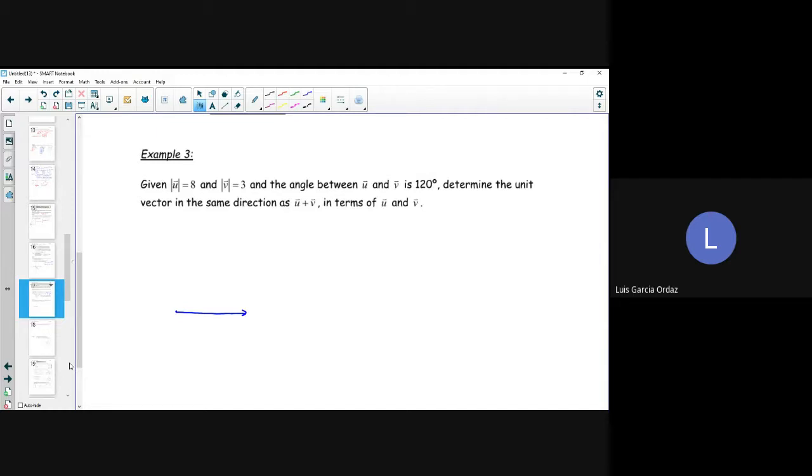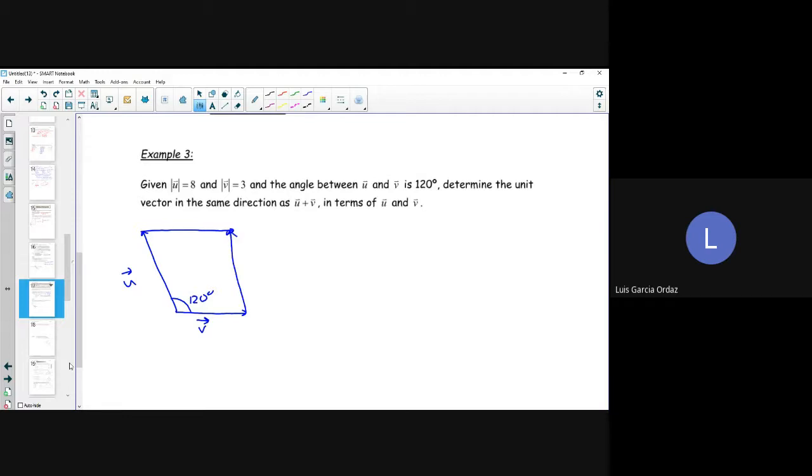Vector v is going to be going this way, and vector u is going to be going that way. Which means that this angle over here is going to be 120 degrees. So I can draw my other vectors as follows.